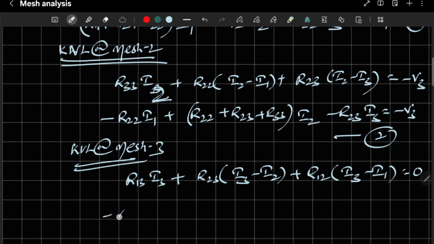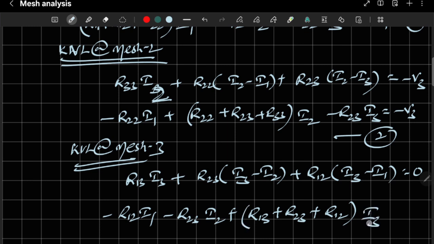Now I1 terms, only one is there: minus R12 into I1. I2 is related to only one term, that is minus R23 into I2, plus I3 is related to 3 terms: (R13 plus R23 plus R12) into I3 is equal to 0. This is equation 3.